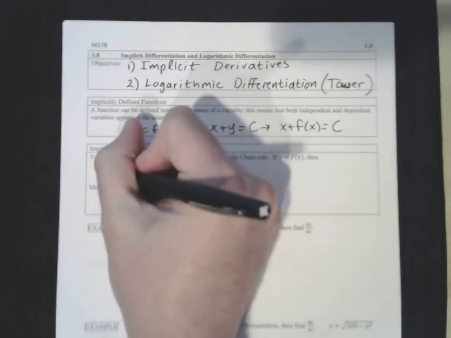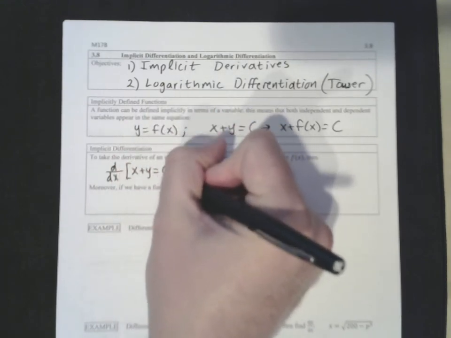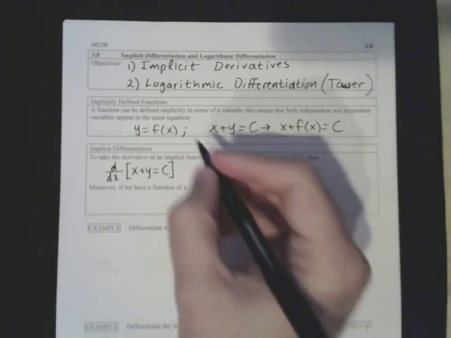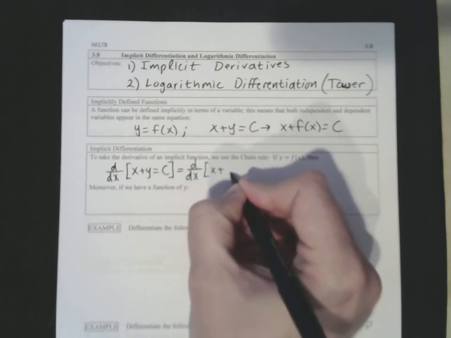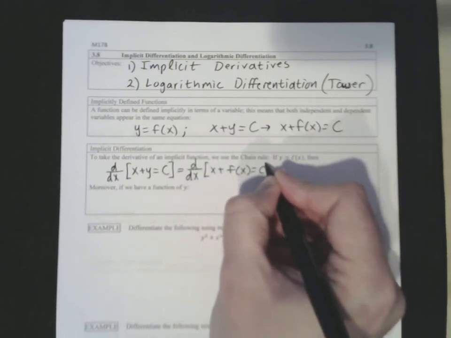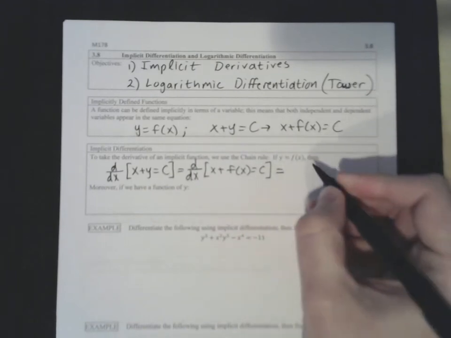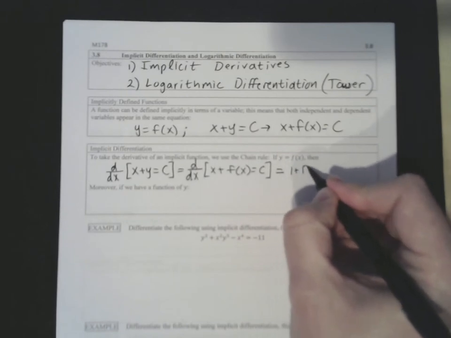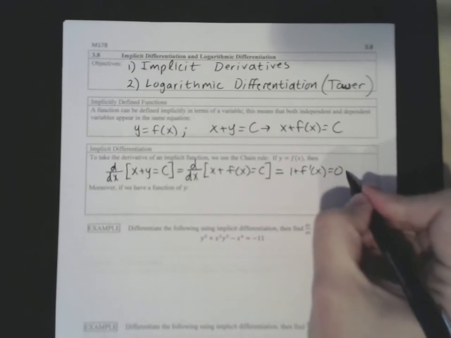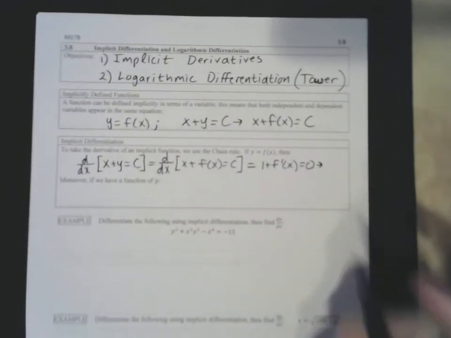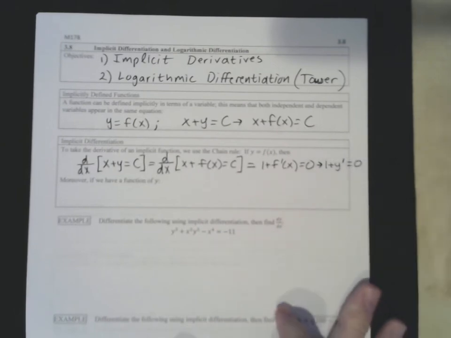So d dx of x plus y equals c means that we're really taking the derivative d dx of x plus f of x equals c. And so this is going to equal 1 plus f prime of x equals 0. Derivative of a constant is 0. Or what we'll oftentimes see is just 1 plus y prime equals 0.